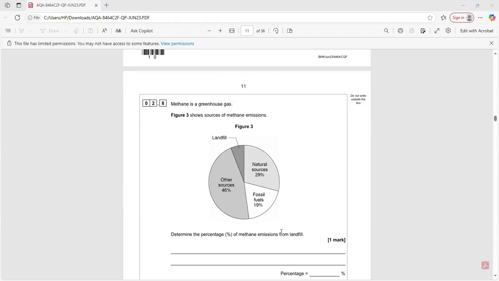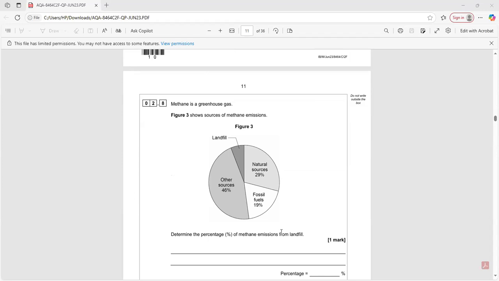Okay, we're still on the matter of greenhouse gases. And it says that methane is a greenhouse gas. It now says, show sources of methane emissions.